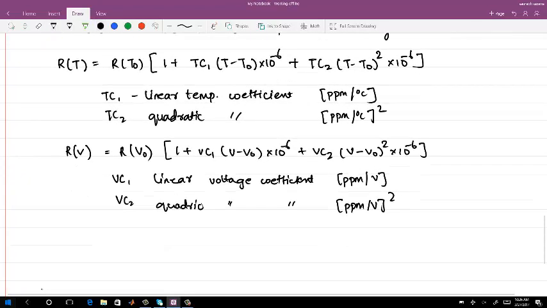Okay, so other than the process variations and change in the dimension, your resistance can also vary depending on the temperature and the voltage applied across it.